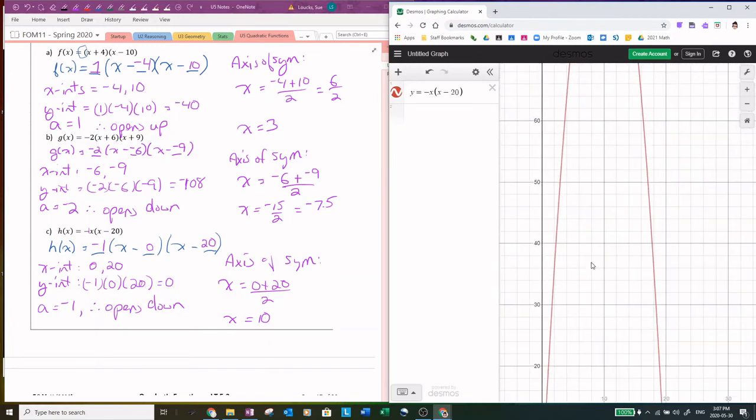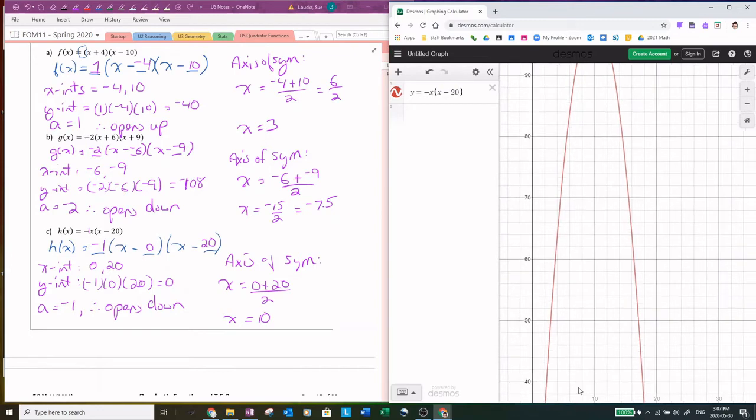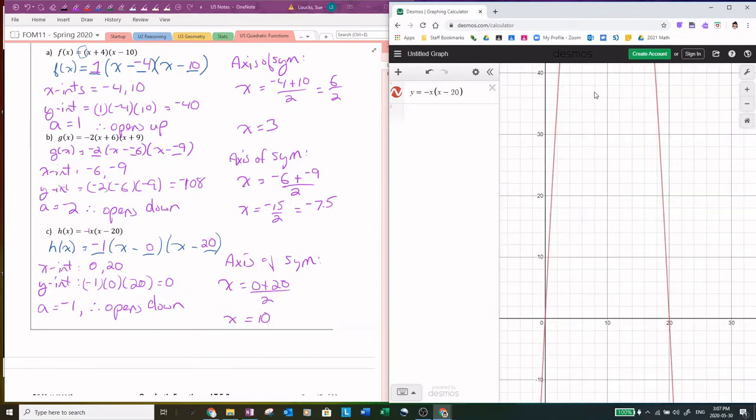We don't find a vertex. This version doesn't give us the vertex, but it does give us the axis of symmetry, right? Which is going to go through 10. It's going to be x equals 10. I like to do that with a dotted line. There we go. Okay, so that worked. All right.